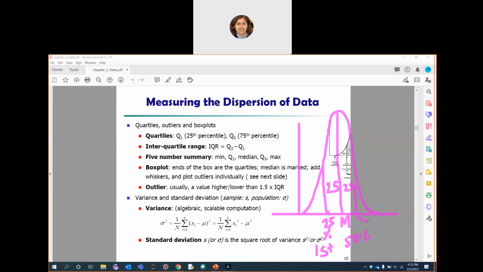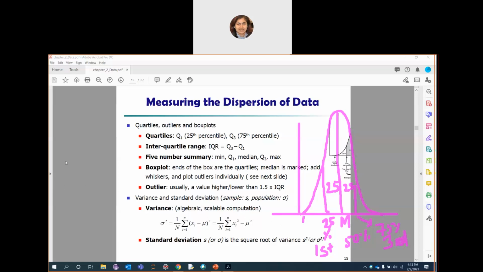And this point here is the 75th percentile, also called the third quartile. And this part is the smallest, or the minimum, you can say.